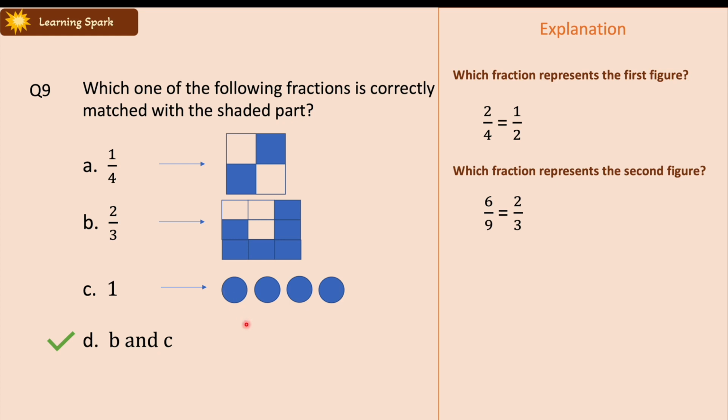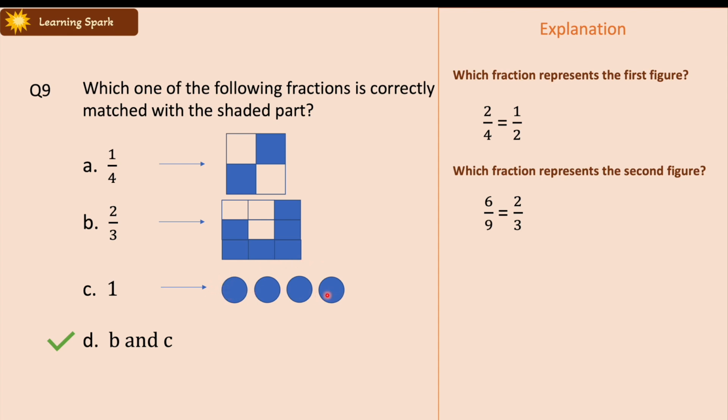Let's see. Okay, here we see that there are four circles, but the whole thing is shaded. Now if we consider these four circles as one thing, the whole figure, right, then the whole thing is shaded.